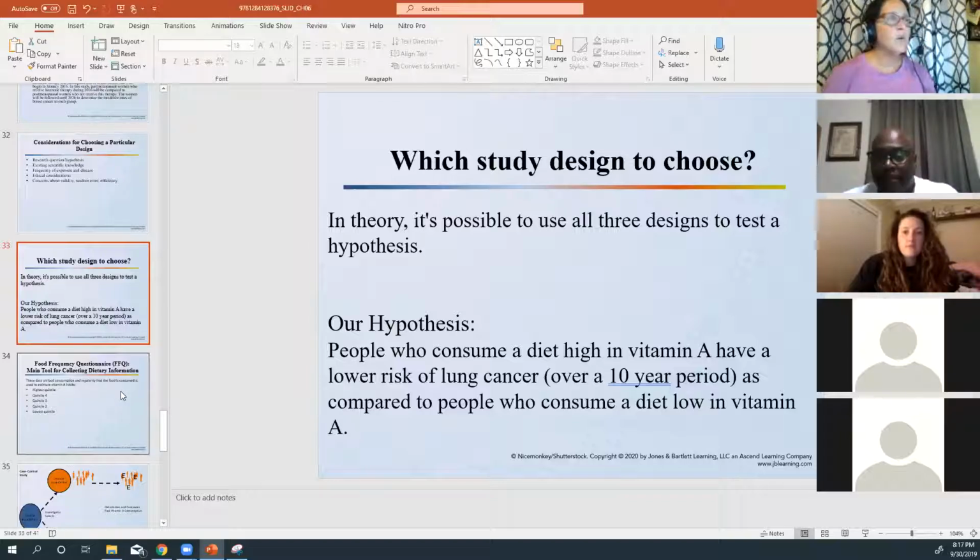So we know we have an exposure, we know that we have an outcome, so one of these designs is certainly able to be done. Additionally, giving somebody vitamin A, is that unethical? No, right? So if I wanted to use an experimental design, I could. Ethically, I could do it.